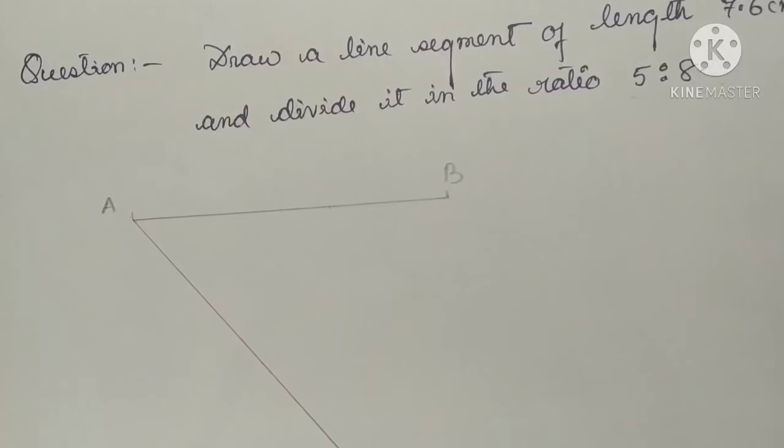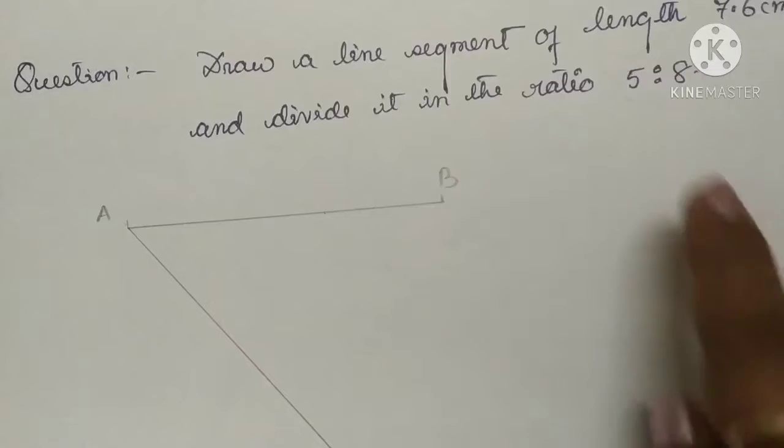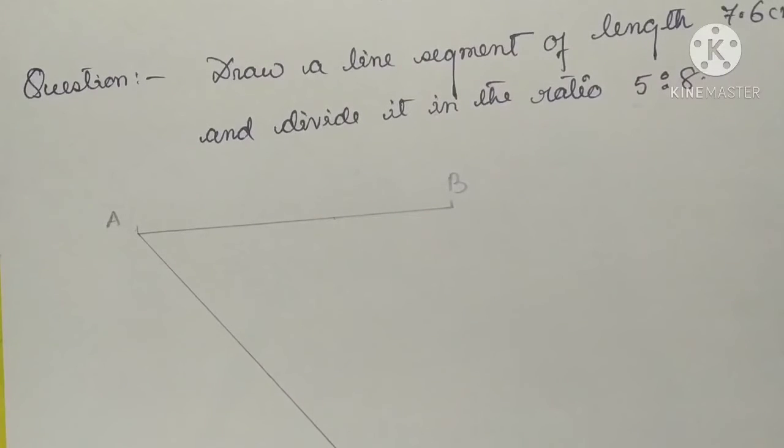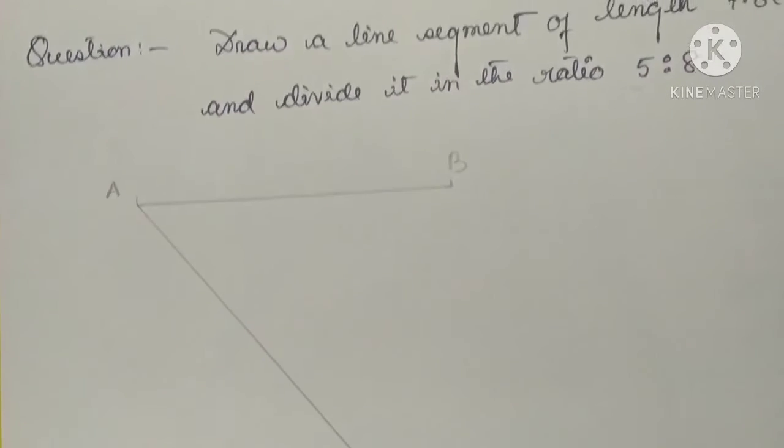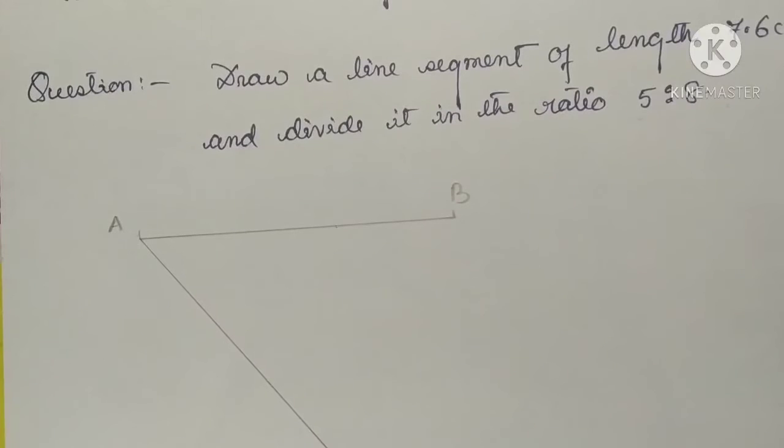Now I have to locate 13 points. Why 13? Because 5 plus 8 is 13. I have to locate 13 points on this ray such that those segments that will be made by those points will be of equal measure. Okay, so how to take this one?